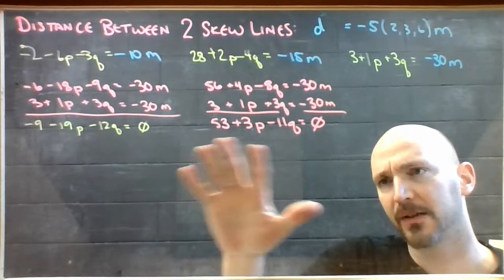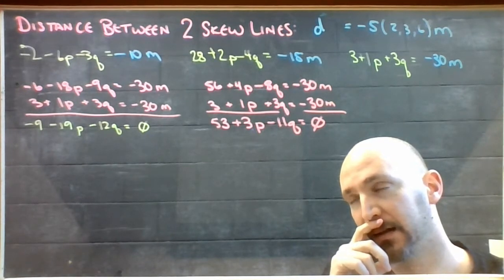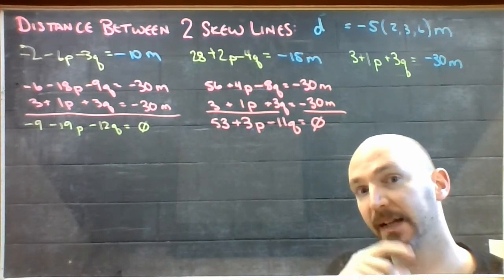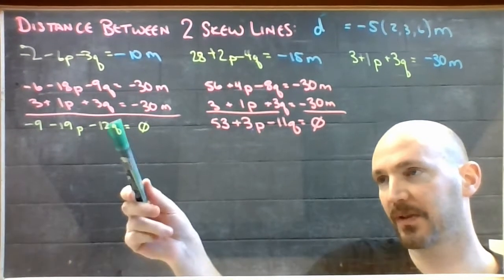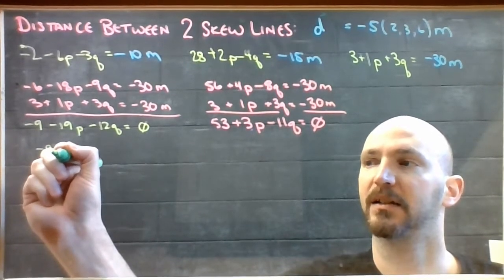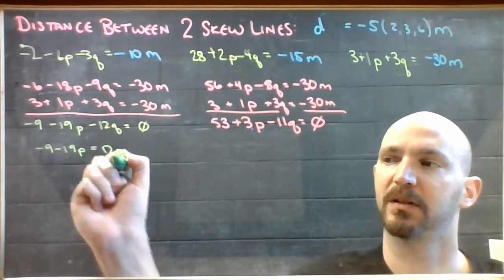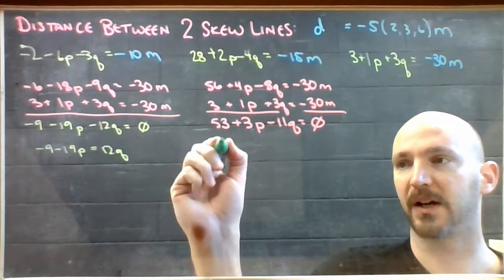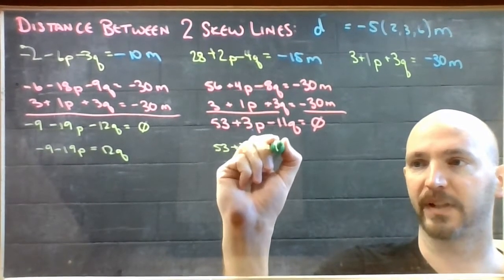So I'm going to choose one of these things to get rid of. I think I'm going to isolate q and use it to scale up. If I pulled this 12q over, I would get -9 minus 19p equals 12q. And if I pull this over, I would have 53 plus 3p equals 11q.